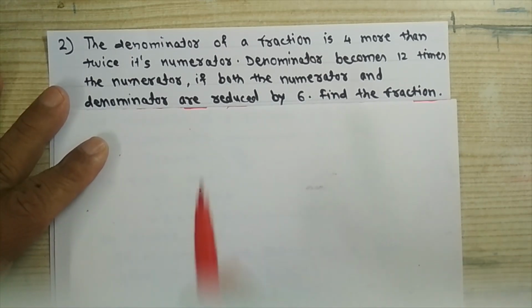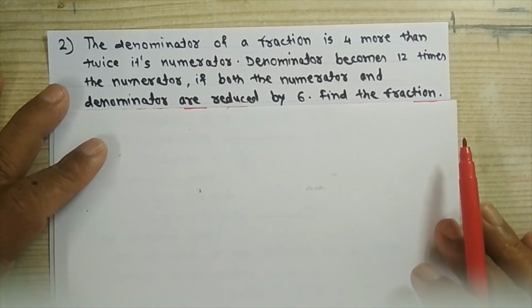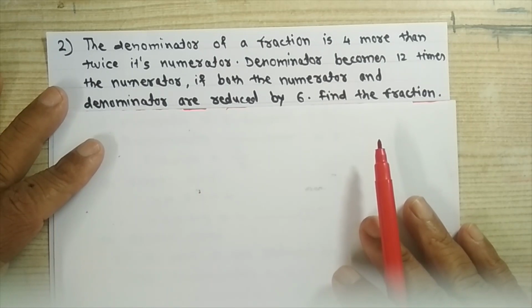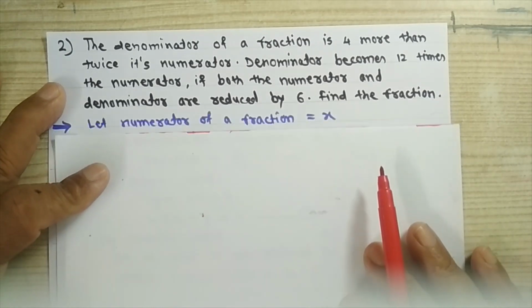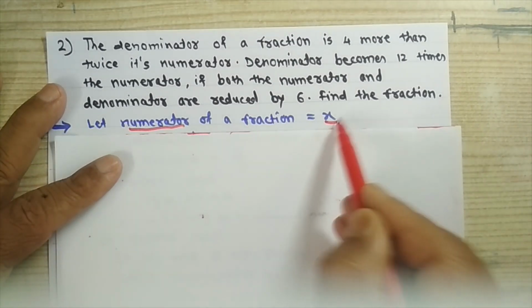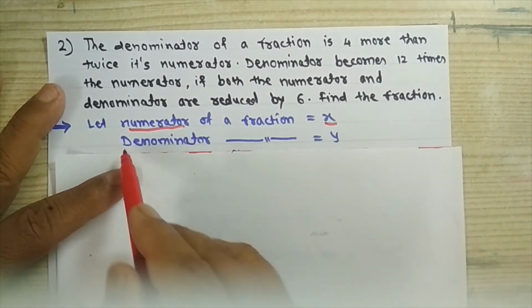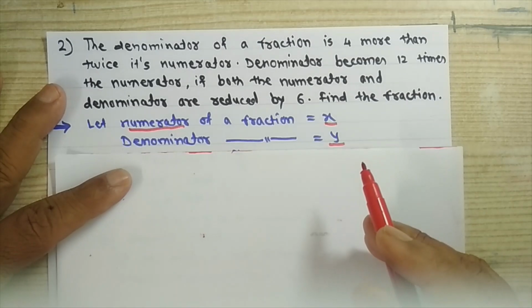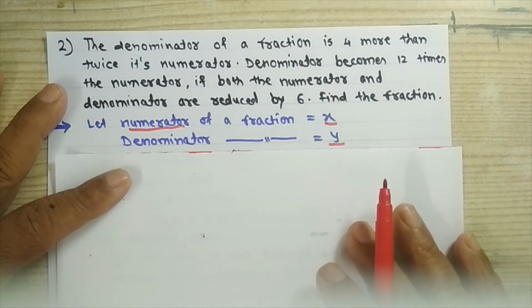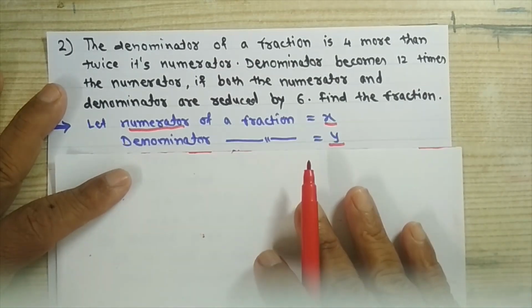First, let us consider the numerator and denominator to be x and y. The numerator of the fraction will be x and the denominator of the fraction will be y. We got x and y, numerator and denominator, then the fraction becomes x upon y.